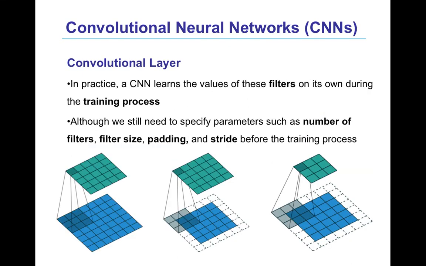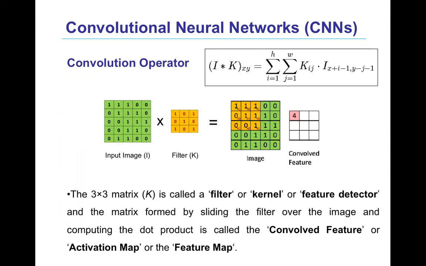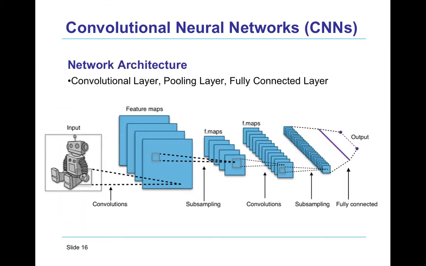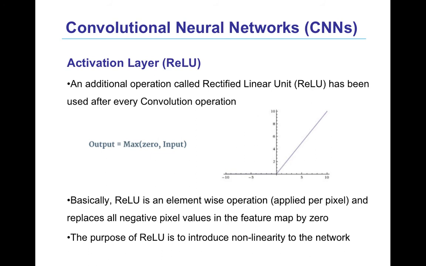So after you do the convolution layer here, you get all the feature maps. Let me go back here a little. So right here, you get this first part, you create those feature maps on the first layer, doing the filters over the image. After that, an activation function is introduced.